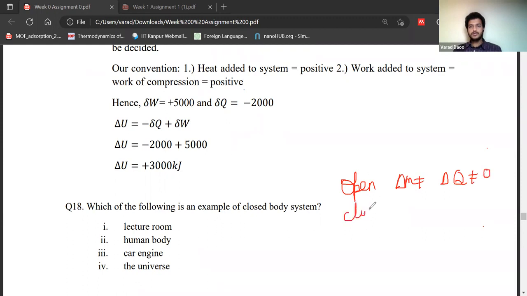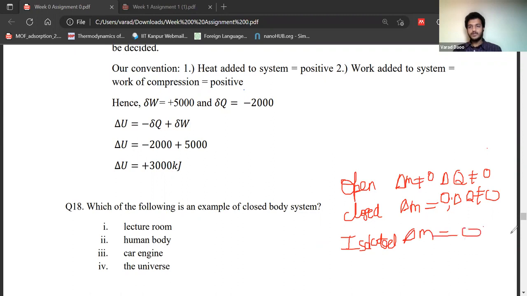Closed means delta M equal to 0, but delta Q not equal to 0. And then last one is isolated. Isolated system is what? Delta M is equal to 0 and delta Q equal to 0.